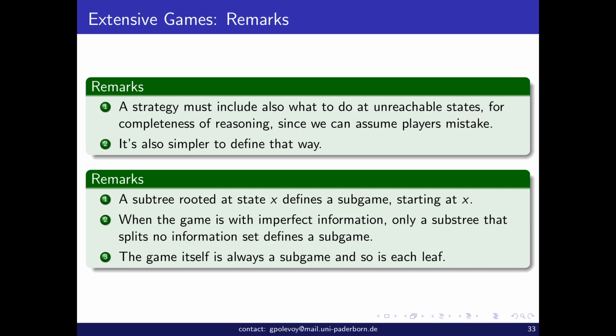We need to note that for that to make sense, if the game has imperfect information, we may only have a subtree which splits no information sets. In particular, the game itself is always a subtree which splits no information set, and so is each leaf.